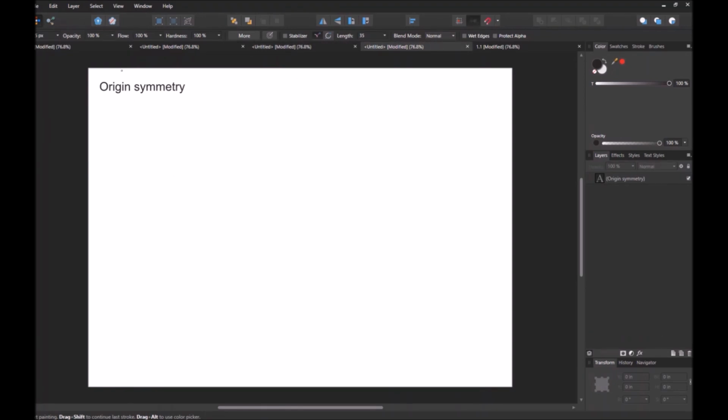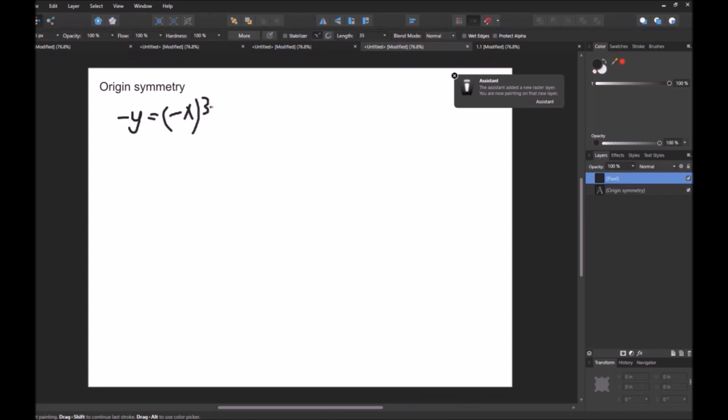And then for origin symmetry, we're going to do a mixture of the two. We're going to plug in negative y for y and negative x for x. So we have negative y equals negative x cubed plus 3. Well, we're going to leave this negative y here for just now. And negative x cubed, we've already said, is just negative x cubed plus 3.